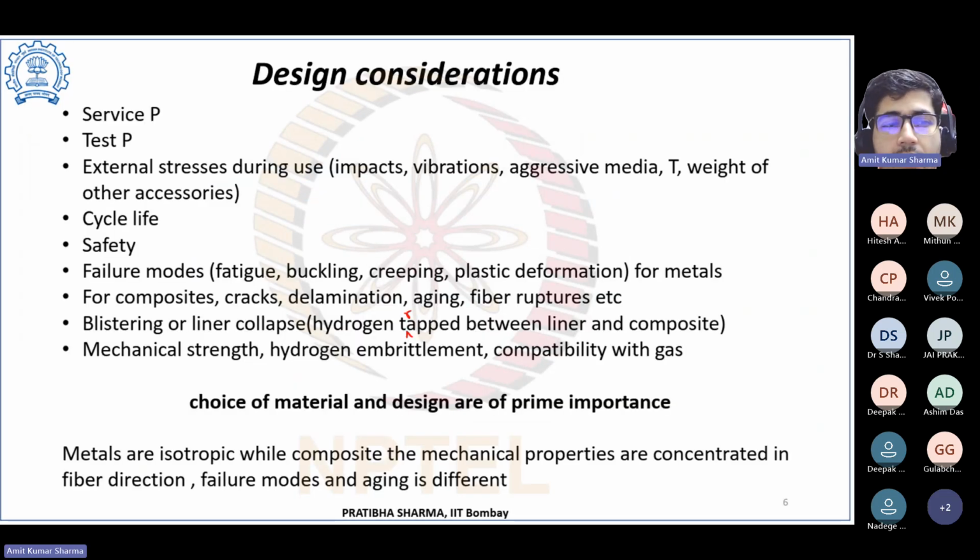So what are the design considerations for a hydrogen storage tank? We have a service pressure and test pressure. Does anybody know what the service pressure and test pressure are? Service pressure means working pressure, and test pressure is around 1.5 times the working pressure. Yes, nice, because we are considering the factor of safety.